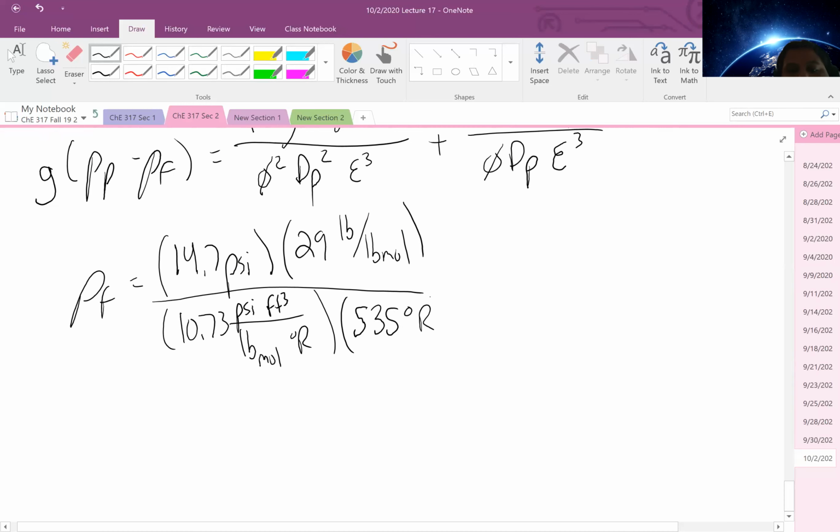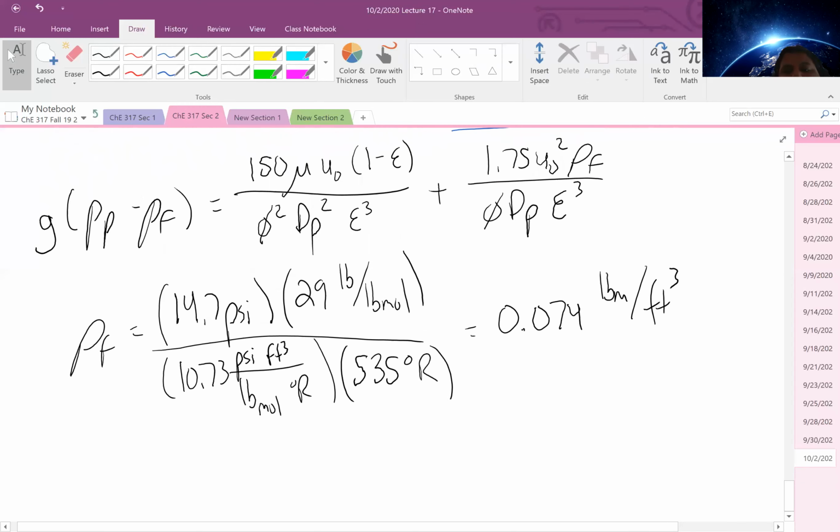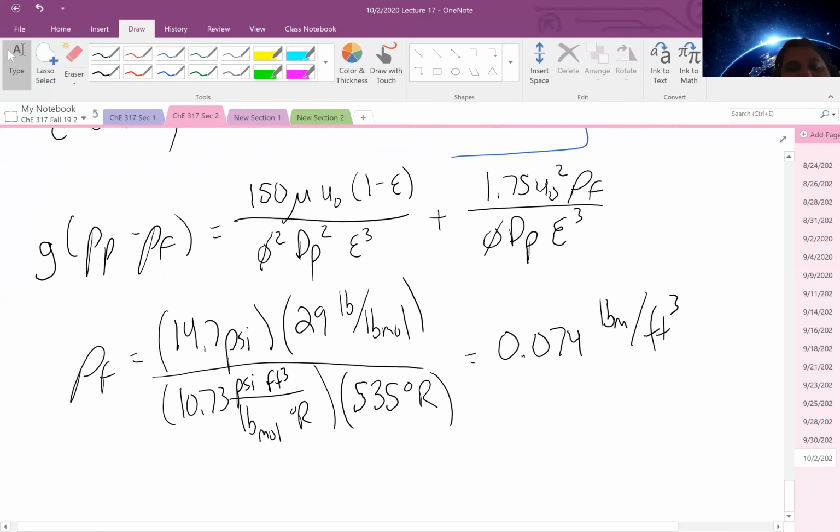So if I solve for the density, let's see what I get. About 0.074 pound mass per cubic foot. So with that in mind, I can plug in all my values and identify a reasonable solution. Let's see what I get.